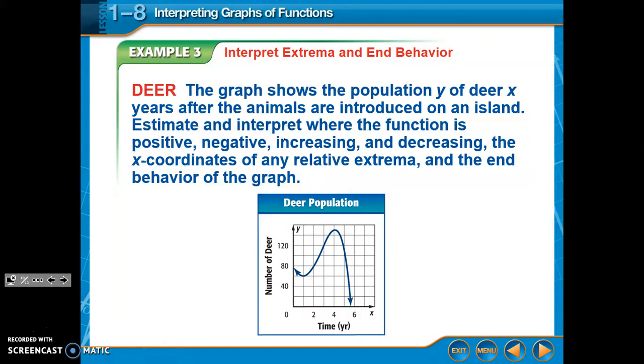Okay, so first one, we're looking to see where it's positive. So if I want to look to see where this is positive, I want to look to see where it's above the x-axis. And all of this is above the x-axis. The x-axis is down here. So we want to interpret where the function is positive.